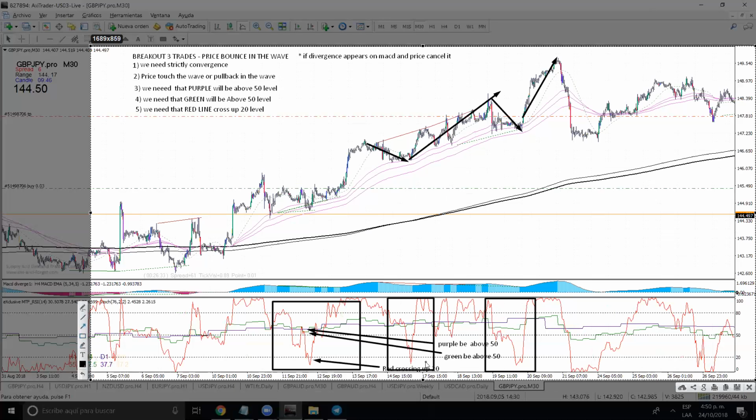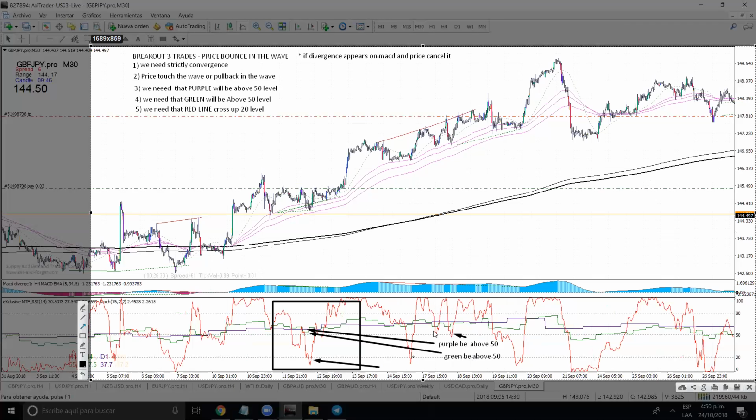I prefer to go when the price crosses up through the 20, but you are going to find second opportunities from the pairs, like this case, when the price doesn't reach 80, crossing up the 20 level, but sometimes you are going to make the pullback on the 50 level from the red, like this case.